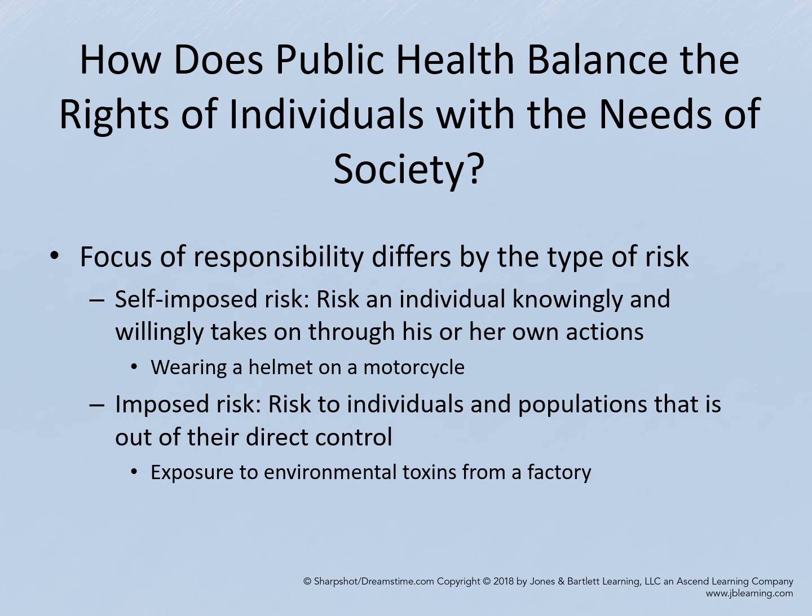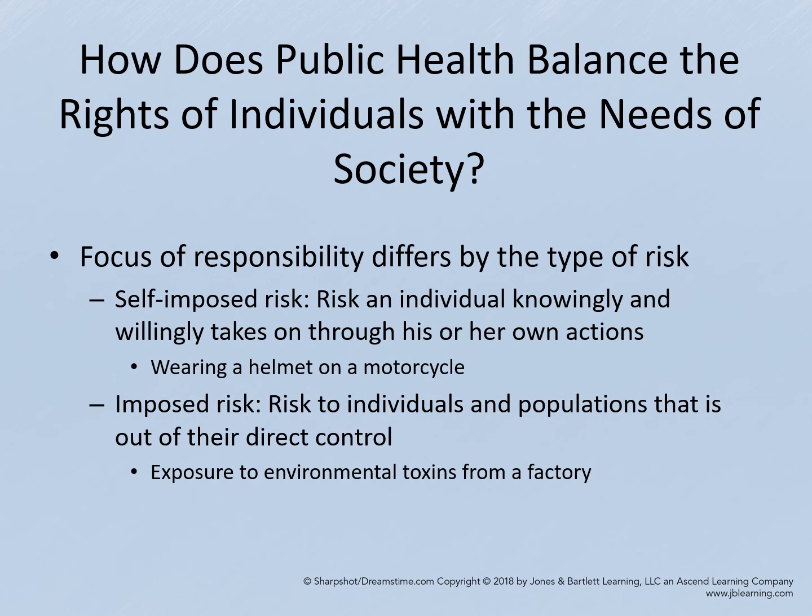Another one is imposed risk. That is risk to individuals and populations that is out of their control. So an example is exposure to environmental toxins from a factory. Here, the individual feels that I have the right and desire for clean air, but because of this factory's emissions, I do not have clean air. Now the government has the responsibility to enforce environmental emission regulations.